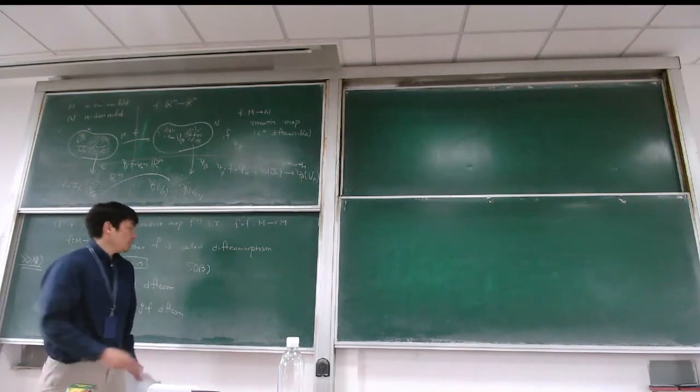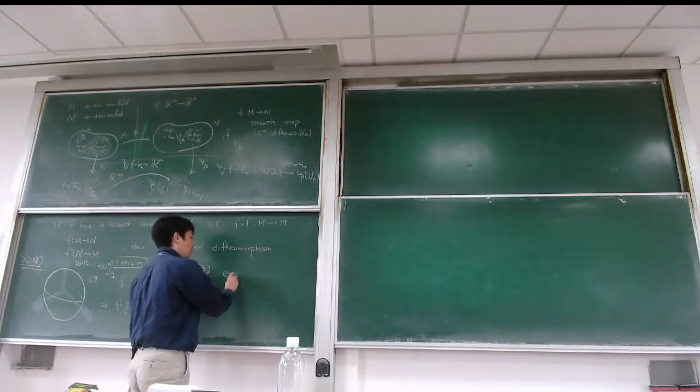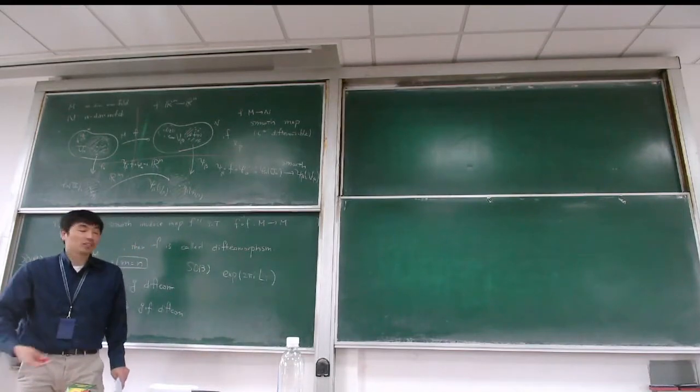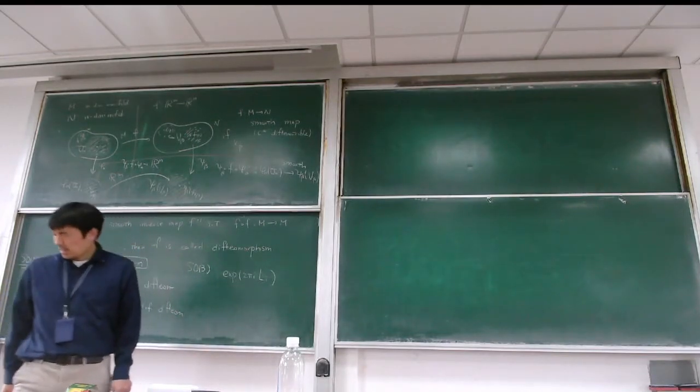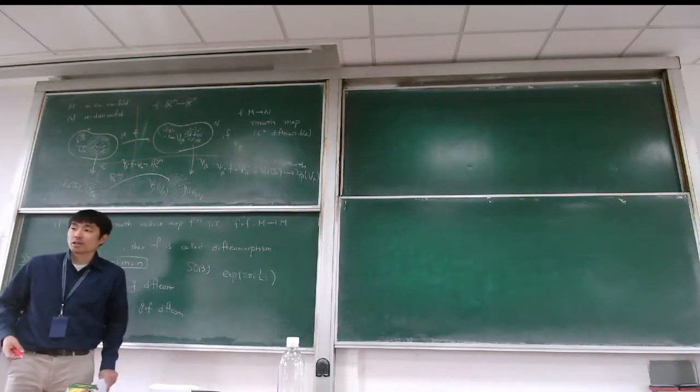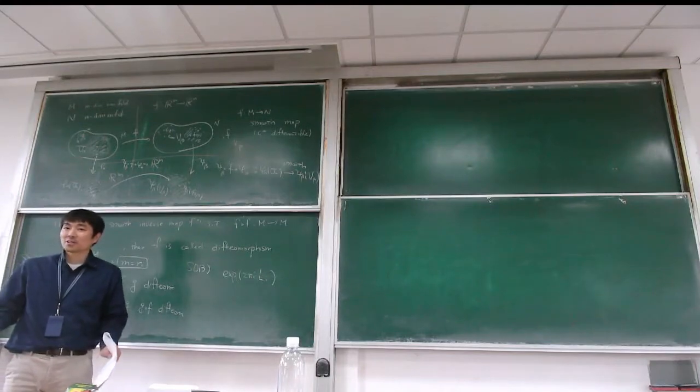That's e to the exponential, whatever, depends on notation, 2 pi i generator Li. This is a generator of rotation around the i-axis. So that's what you learn in quantum mechanics, presumably.